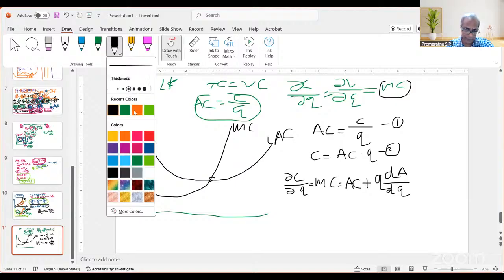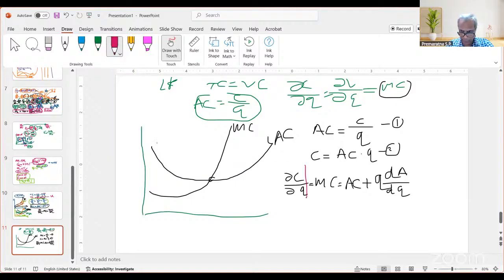Now here we have a very important relationship, between the marginal cost and the average cost.